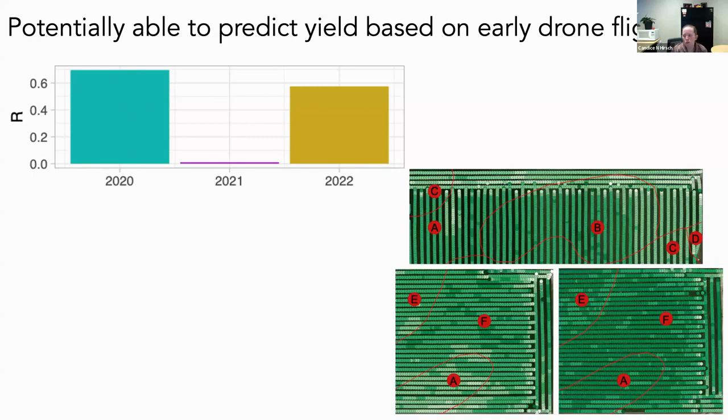Without getting into a lot of the details on this for the sake of time today, what I'll say is that 2021 and the location that we were flying was in a severe drought situation. And far more of what was explaining the variation was the water table than anything else.